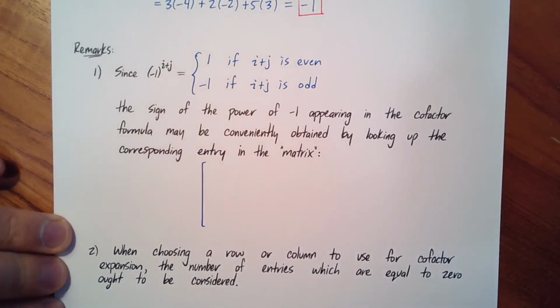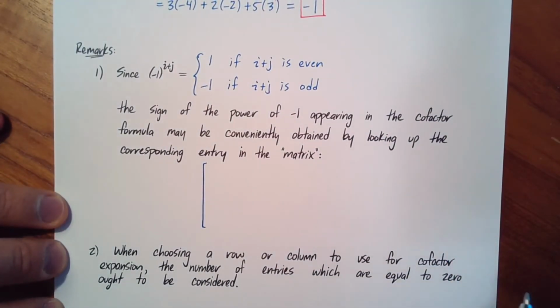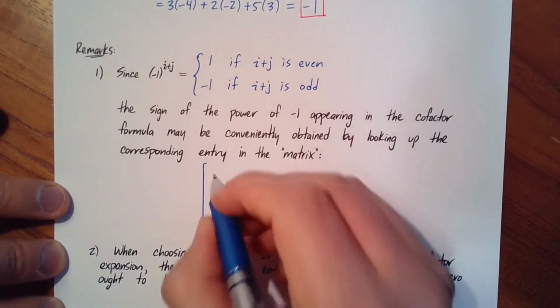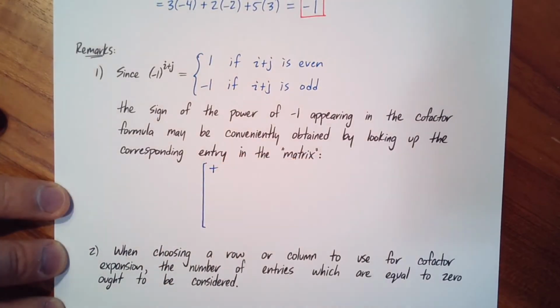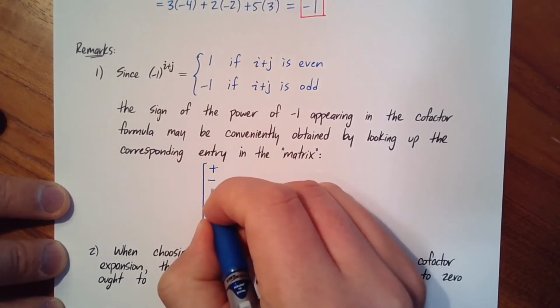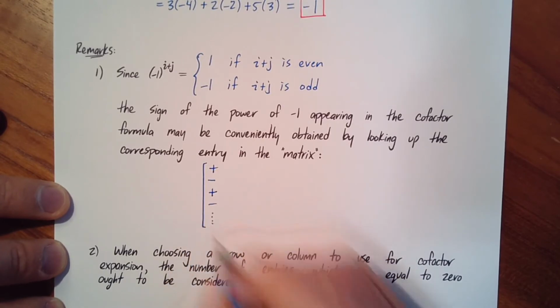If nothing else, you can think about it casually as a chessboard or checkerboard, where the squares alternate between white and black, right? So just think of the same thing, but between plus and minus signs. Start with a positive sign in the top left corner, and then alternate after that. So the next one down will be a negative, then a positive, and then a negative, and it just keeps on going forever.